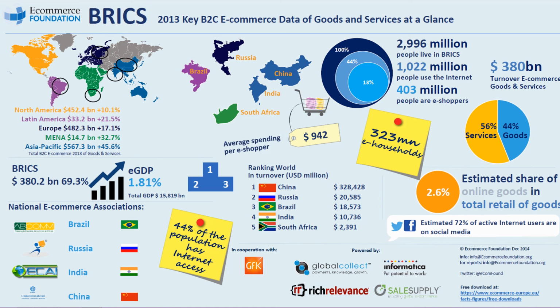Okay, it's important not just to consider their impact in terms of manufacturing, and sometimes we imagine these are slightly old-fashioned economies, perhaps, just manufacturing low-value items like pens and textiles and things like that. They're also growing in terms of their sophistication and in terms of the tertiary sector and things like online and e-commerce. So, for example, across the BRICS countries, there are 403 million people who are e-shopping, which is nearly 7 times the population of the UK.